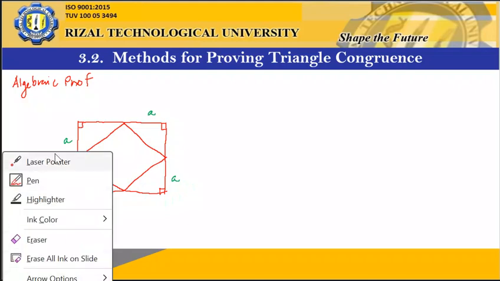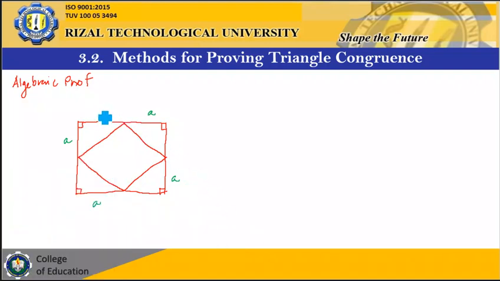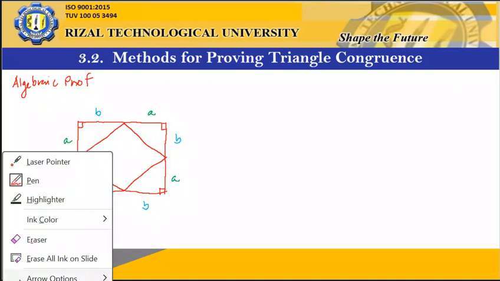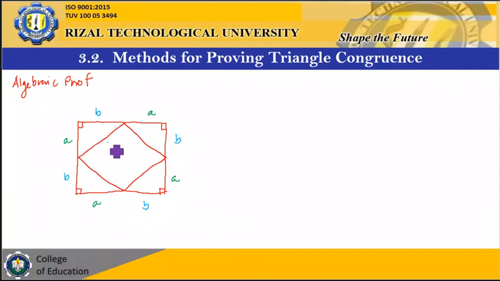And let's name the longer leg as, let's say, B. Okay, and then the length of the side of the square inside the larger square, let's name that as, let's say, C.